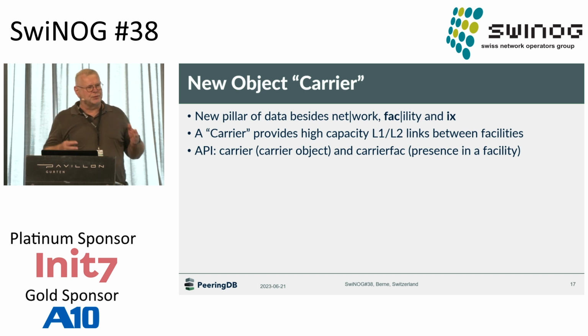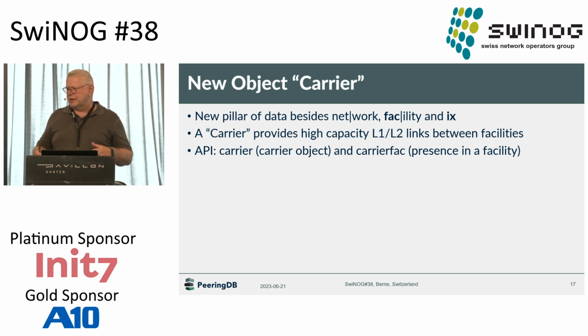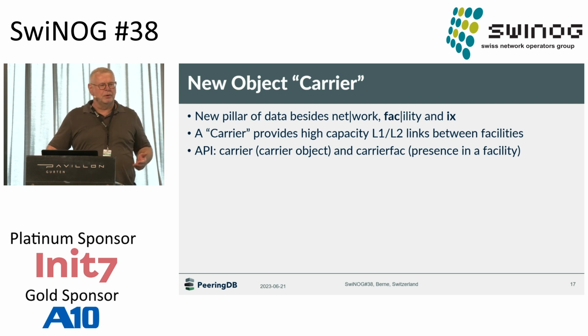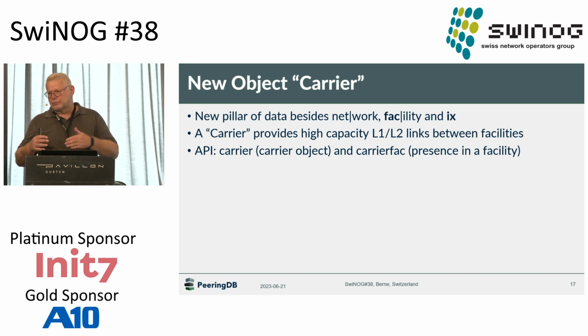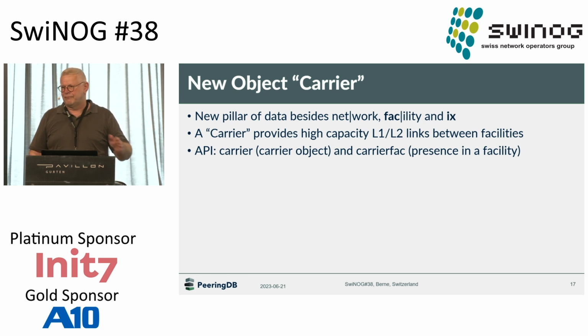We want to link the facilities via these carriers, and also add which services they offer, for example Ethernet, MPLS, wavelengths, dark fiber, and so on. Then you could say, this is facility A and this is facility B, is there a path in between from carrier XYZ?